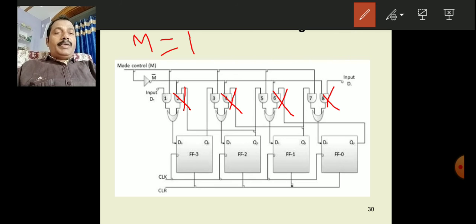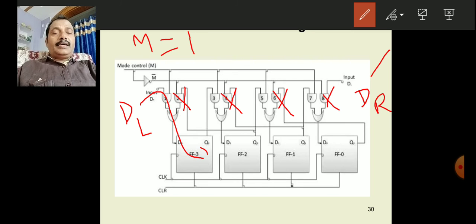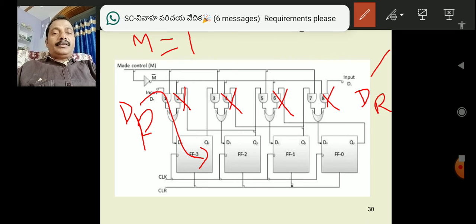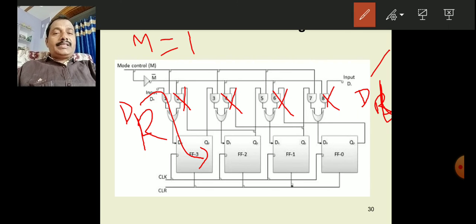Because this is disabled, the data write is prohibited, does not enter. So data left is allowed. So that the DL data enters like this. This is DR data, this is DL data. So the DL data is prohibited, DR data is allowed.